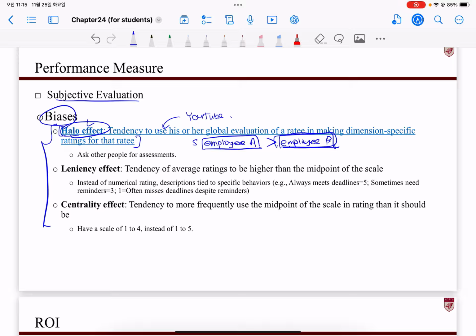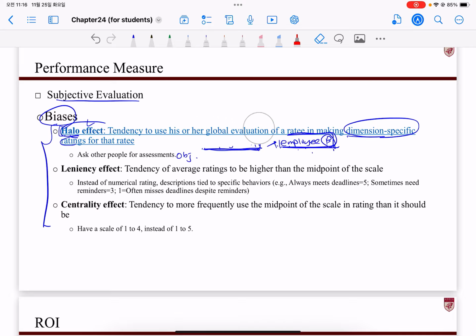But let's say, objectively speaking, employee B does a better job than employee A. But just because you see employee A better, you may give a higher rating to employee A versus employee B. Okay, so it is a tendency to use your global evaluation when making dimension-specific ratings. Okay, so it's one bias that you may have.